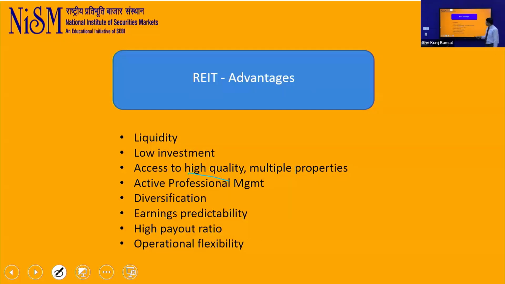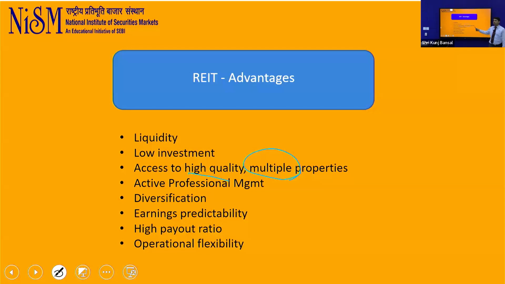You also get exposure to multiple properties, and to that extent you get diversification. A REIT invests in probably 5 properties, probably 7, 8, 10, maybe less, maybe more. Imagine a scenario wherein you invested in only one property, you had only one flat, you gave it on rent, and that person started defaulting on the rent payment. Then your income has fallen to zero.